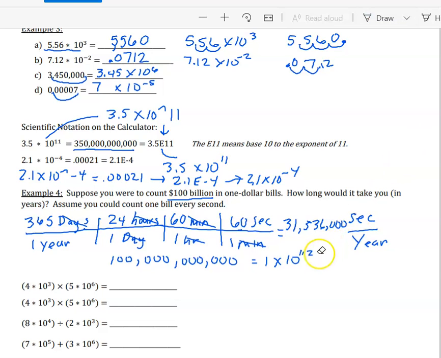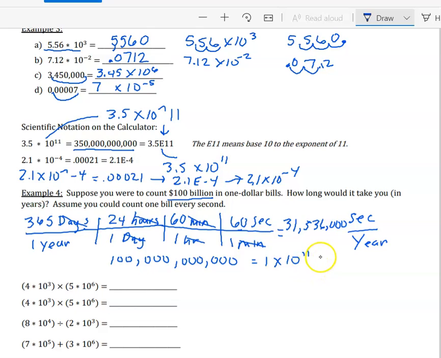Sorry about that. So we've got 3, 6, 9, 10, 11. So this would represent $100 billion. It's easier to type this in the calculator than to try to type all those zeros, but it doesn't matter. Either way would work. Just make sure you check your work.